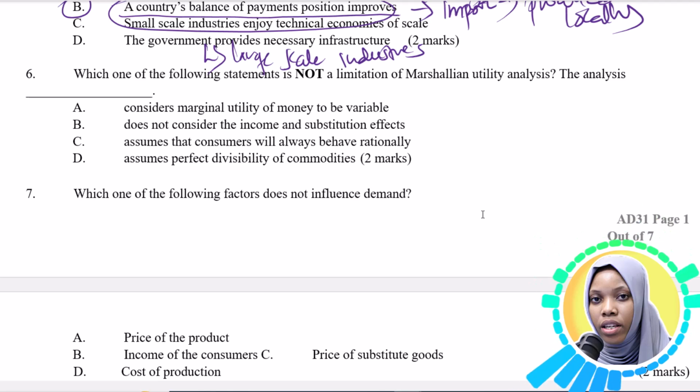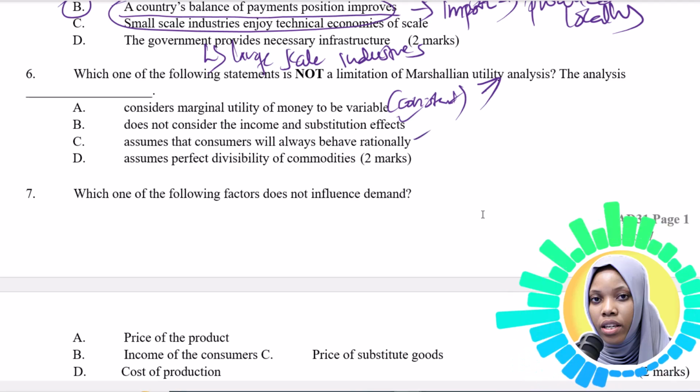Which one of the following statements is not a limitation of Marshallian utility analysis? Choice A considers marginal utility of money to be variable. Marshallian utility analysis considers money to be constant. It does not consider the income and substitution effect.